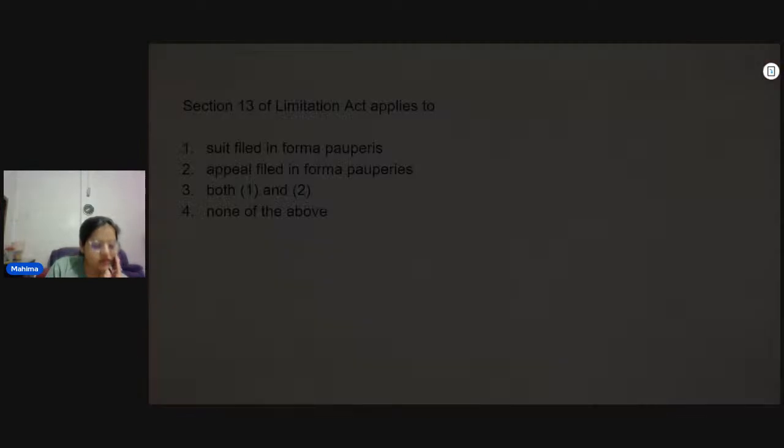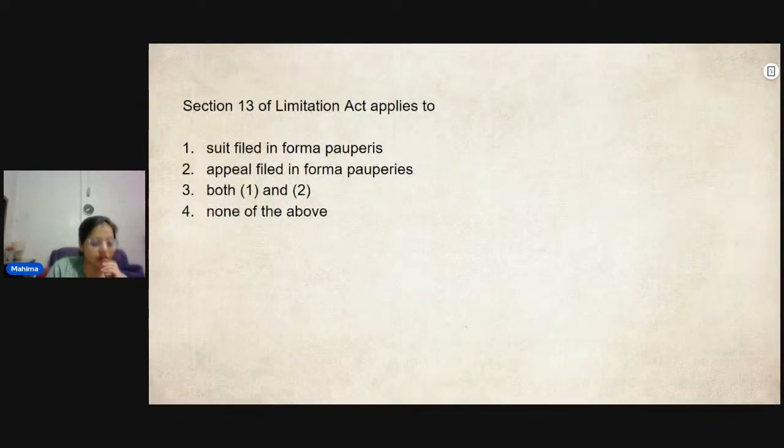Okay, till the time you explain the answer, I will move ahead with the question. Section 13 of the Limitation Act applies to suit filed in forma pauperis, appeal filed in forma pauperis, both 1 and 2, or none of the above.